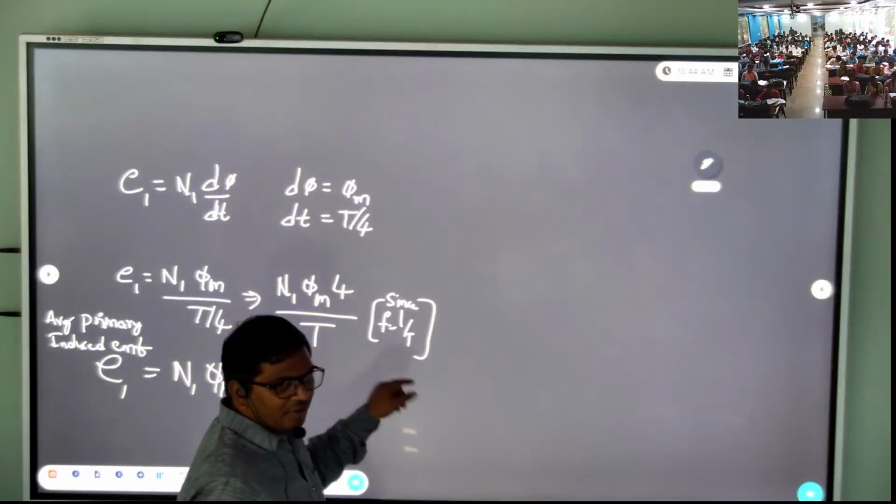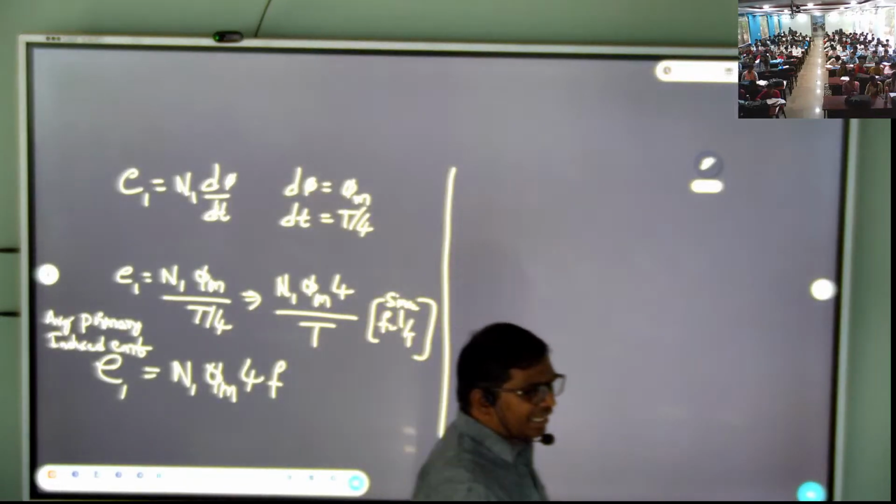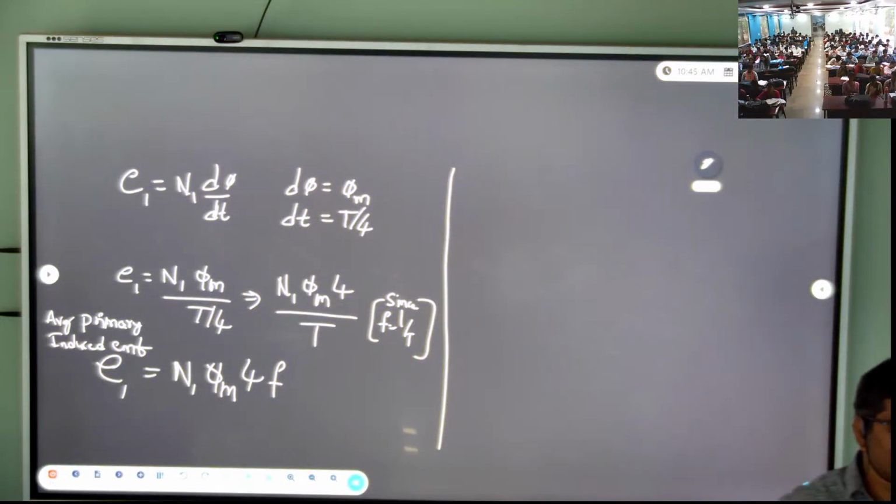Since f is equal to 1 by T, substitute here. Now, is there any relation between average value and RMS value for the sine wave? Is there any formula available?